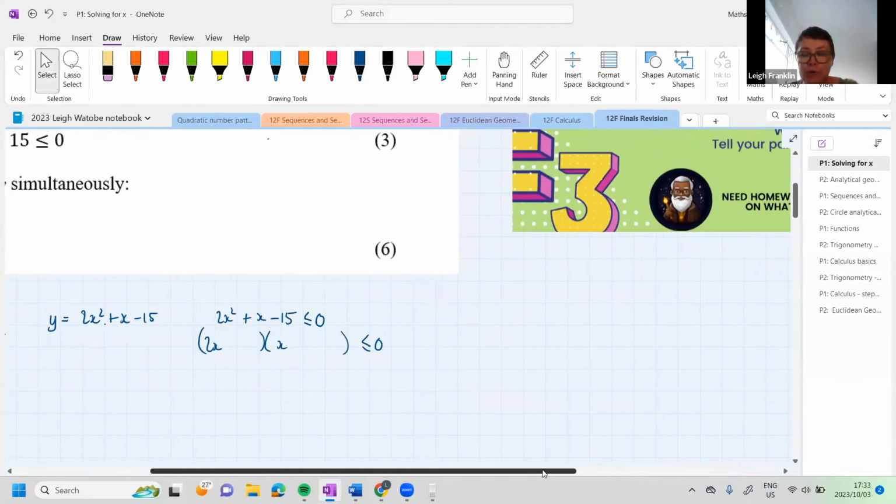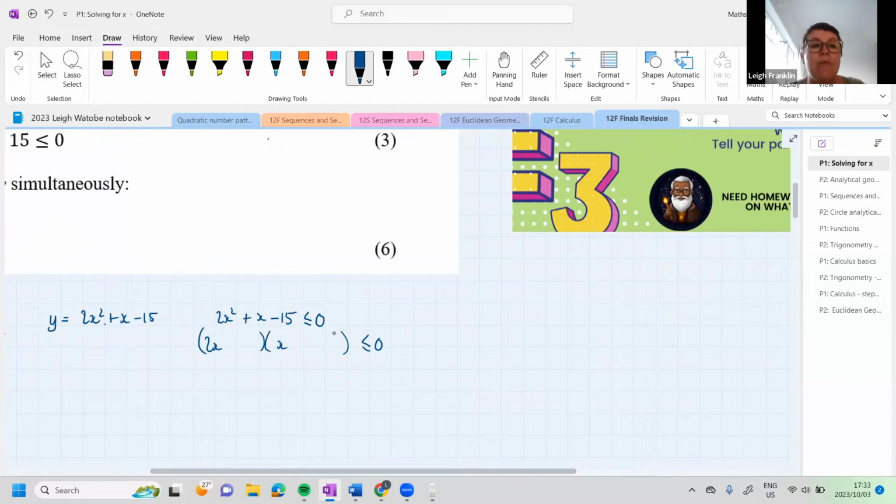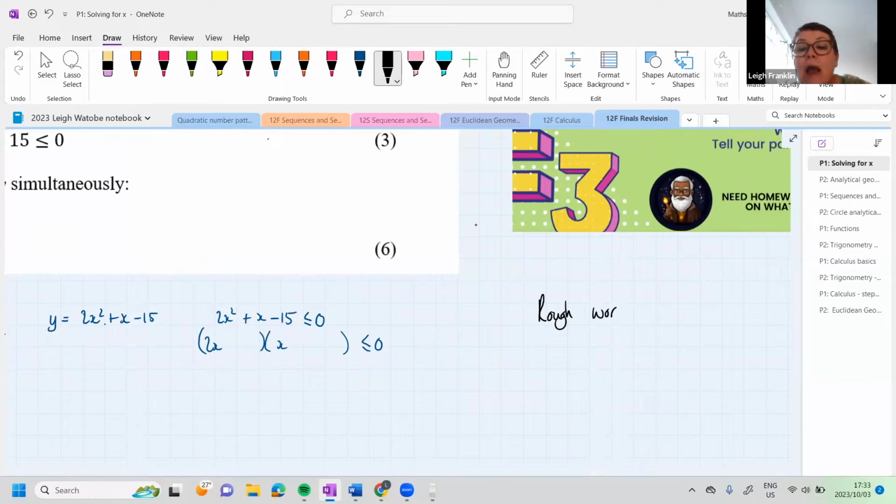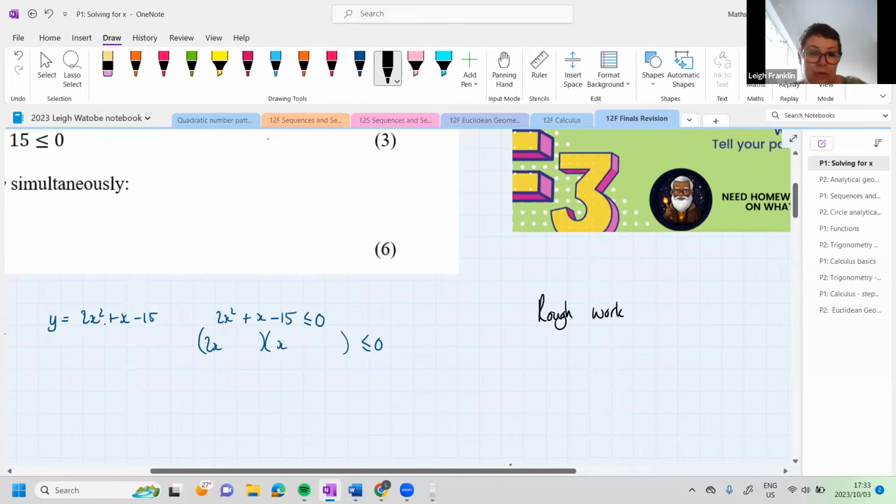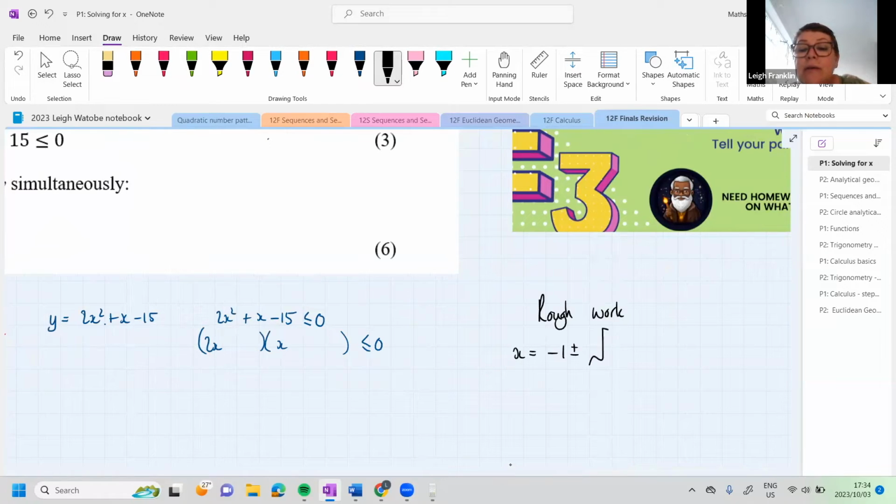I suppose it's not really the right thing to do, but let's say I call this rough work and afterwards I cross it out. So I go x equals -1 plus or minus the square root of b squared minus 4ac, all over 2a.